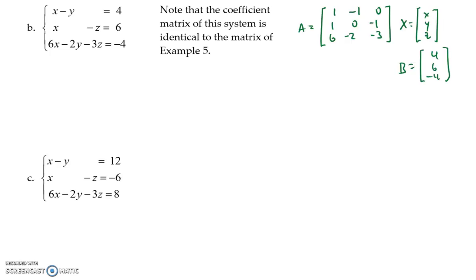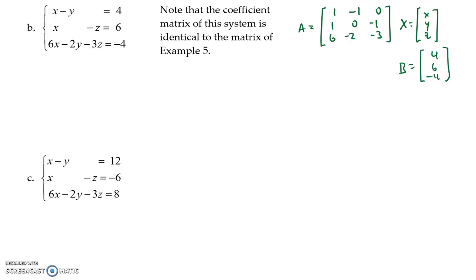What we were able to show in example 5 was that this matrix A had another matrix as its inverse, which we did not derive, but which was given to us and which we verified.